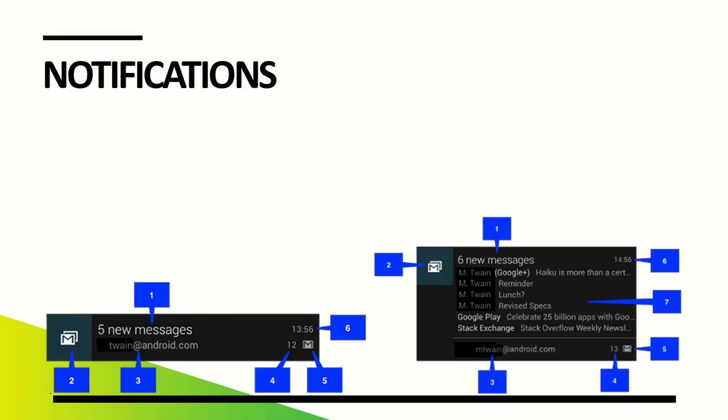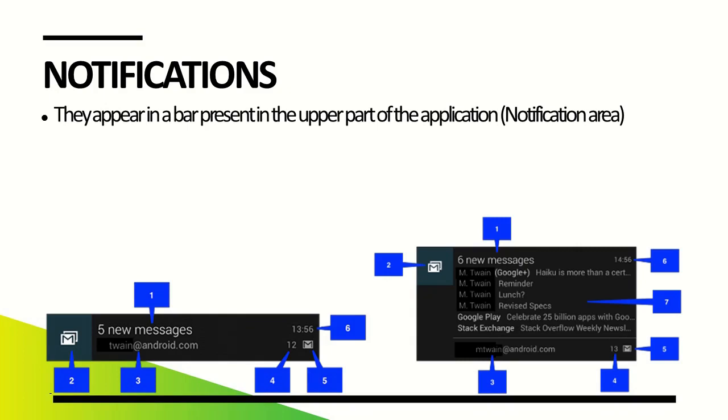As services have no user interface as such, and sometimes we want to inform the user that a certain action took place, a notification mechanism is necessary. Notifications are fairly often used with services. They appear at the top of the screen in the notification area bar.